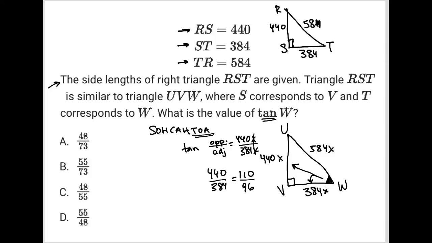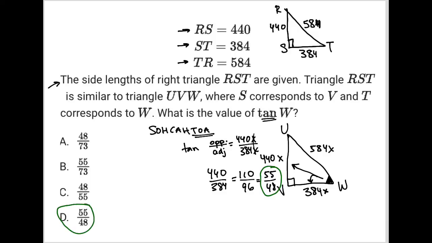And let's just go 2s for now, because I don't know what else off the top of my head would work. So 110 divided by 2 is 55. And 96 divided by 2 is 48. And I actually do see that answer, right? So 55 over 48. So that answer is choice D.